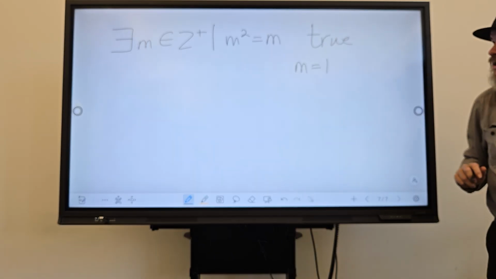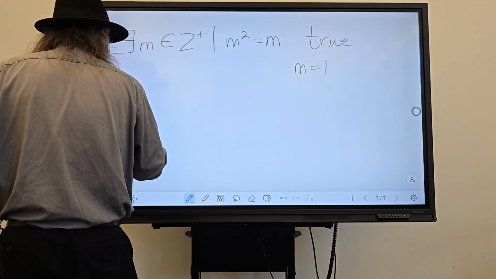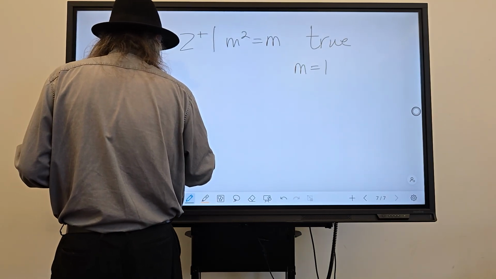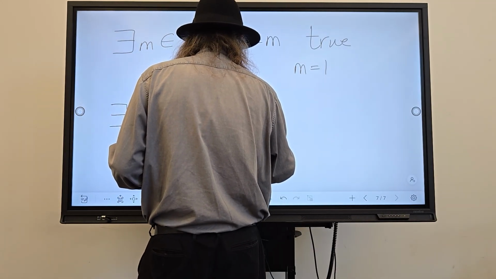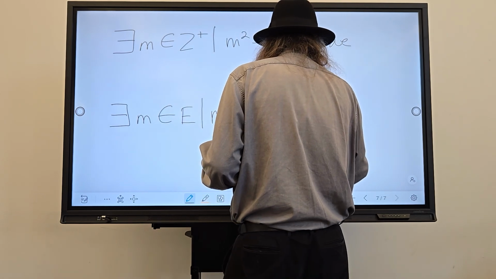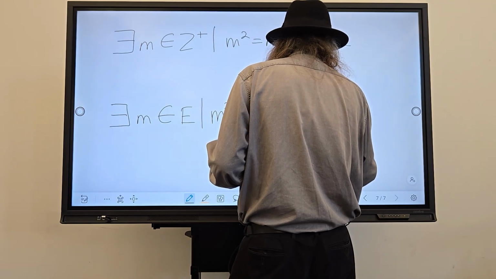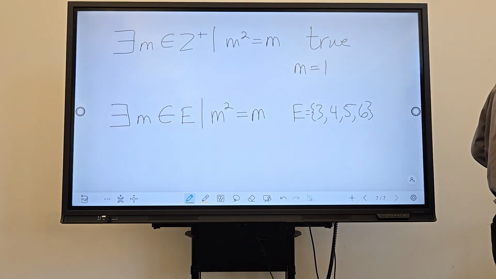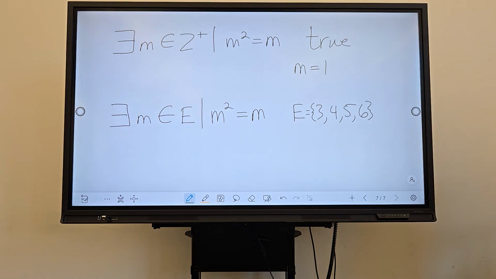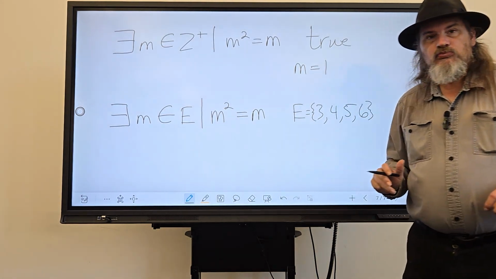Now, if you say E equals 3, 4, 5, 6, you would have to show that this statement is false exhaustively, by showing that for all elements of E, m squared does not equal m.